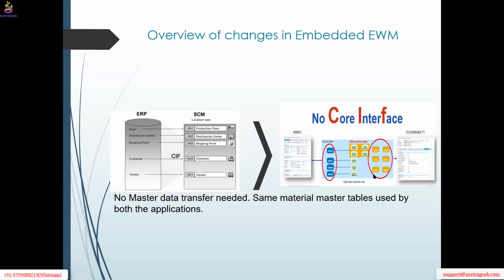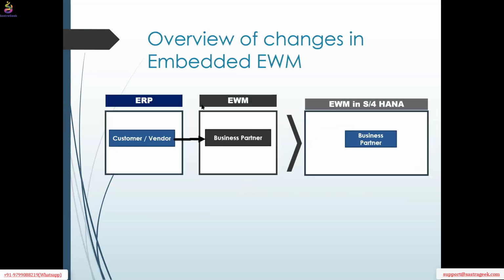So no core interface is required in the embedded one, unlike the decentralized one. Now, when I'm talking about the changes specifically to EWM, earlier we used to transfer the customer or vendor information to the EWM system as a business partner. But now in the S4 HANA landscape, we entirely call it a business partner, where we assign appropriate roles to it. Indeed, that's a different story. We will see that when we are creating it.